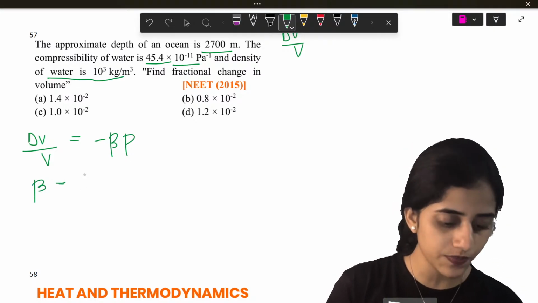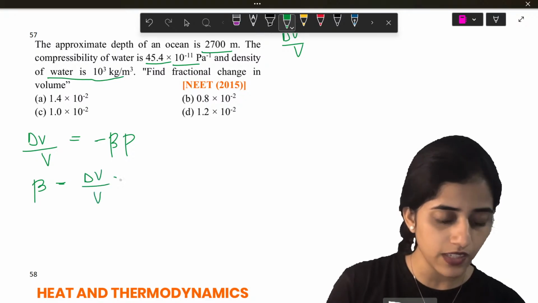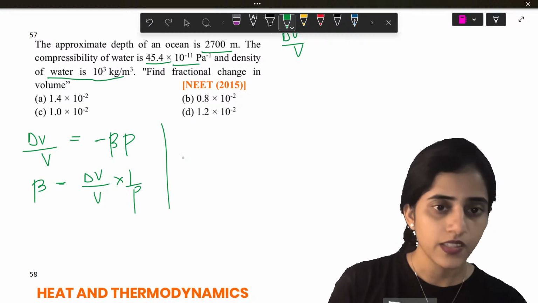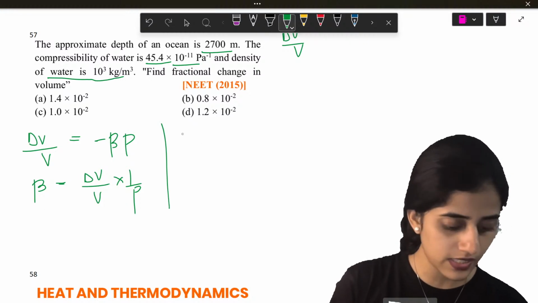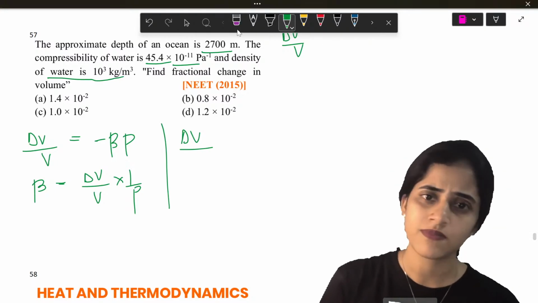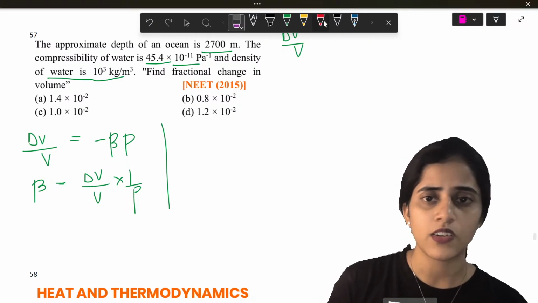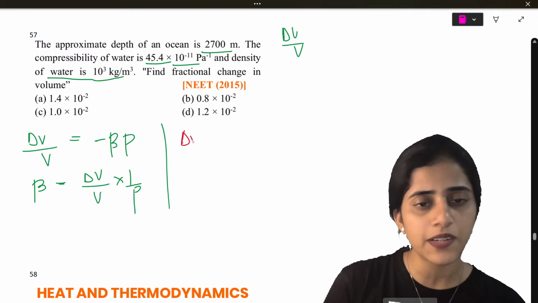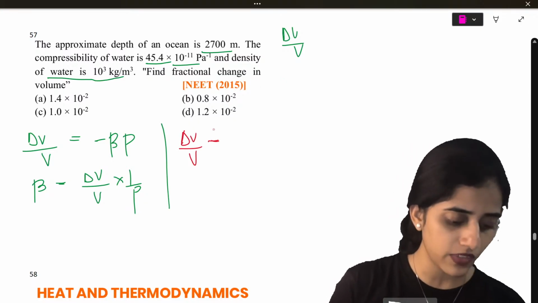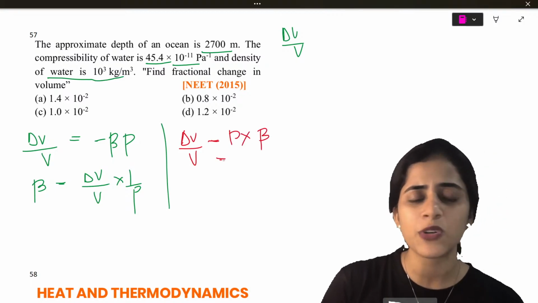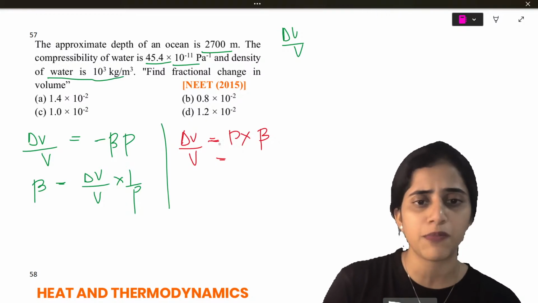Compressibility is equal to delta V by V into 1 by P. I already wrote that. So let's do the math. Now we have to find out delta V by V only. So delta V by V is equal to P into beta. I'm not going to take the negative sign. Let's just find the magnitude.